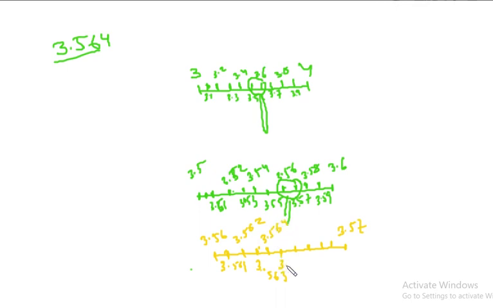This point will be 3.565, 3.566, 3.567, 3.568, 3.569. Then this will be 3.57. Okay, so this number 3.564 will be represented by this point.